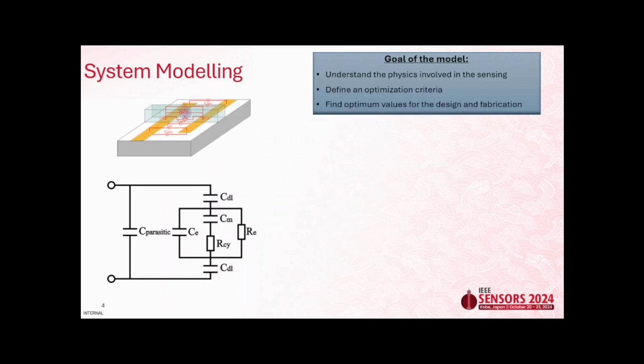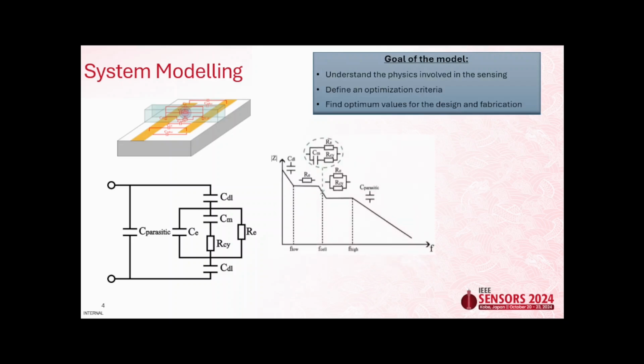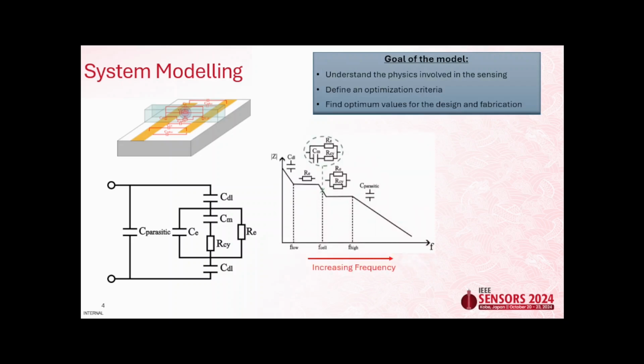And since we have the AC measurement device, and since we also have capacitor components in our system, we can predict that our system has different behavior at different frequencies. Therefore, we studied the behavior of the system at different frequencies.